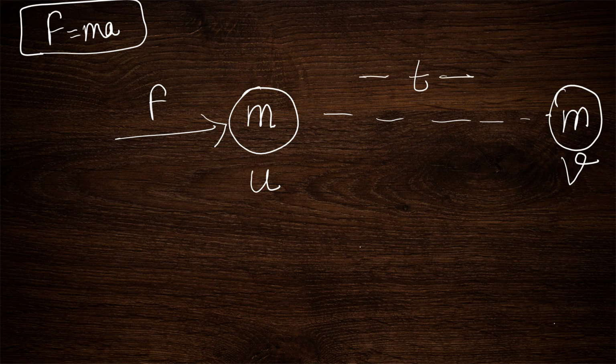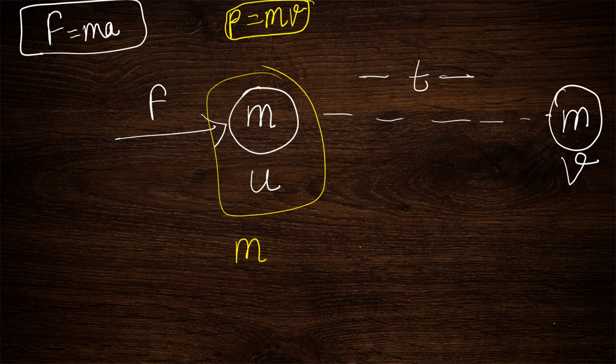Now, what is the momentum in both cases? Momentum is equal to mass into velocity. I hope you guys remember that. The momentum in the first case will be mu and the momentum in the second case will be mv.